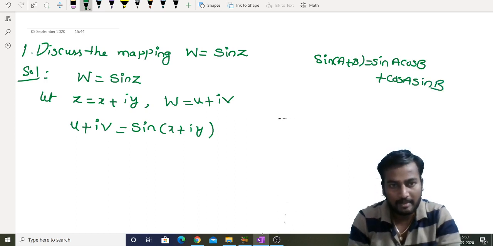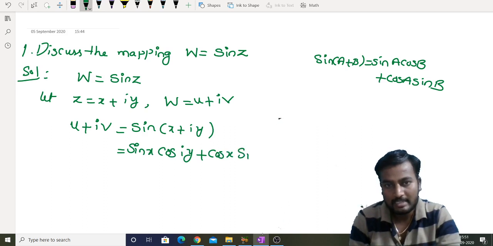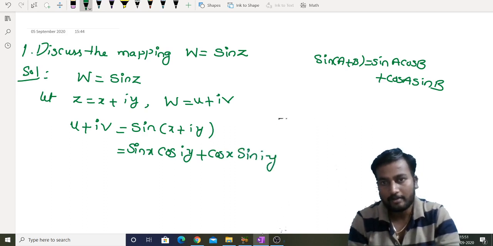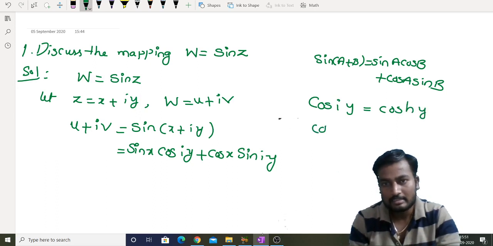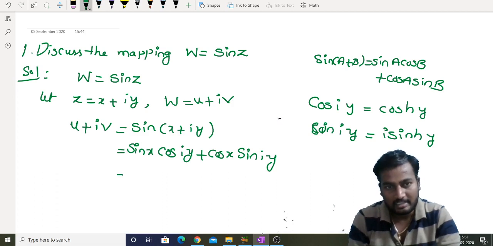So this expression becomes sin x cos iy plus cos x sin iy. Now, from the hyperbolics, cos iy is cosh y, and sin iy is i sinh y. So this becomes sin x cosh y plus i cos x sinh y.